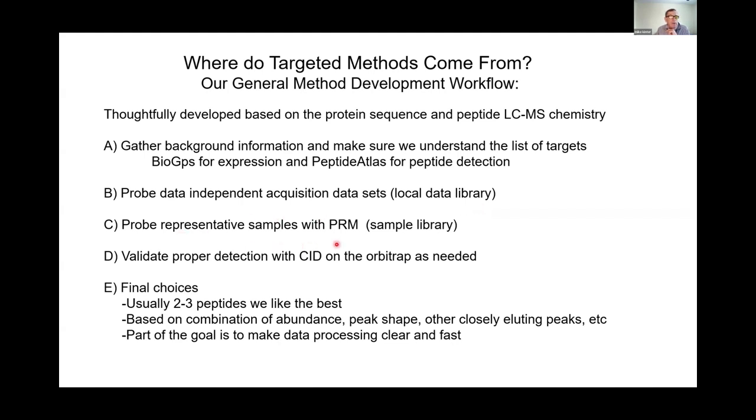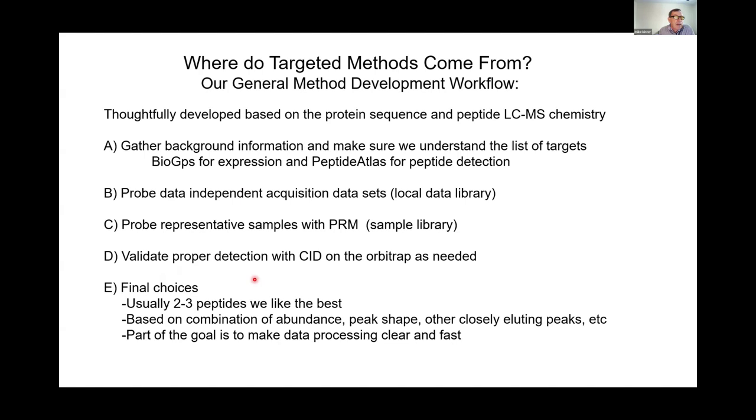We then begin to probe, based on setting these things up, some representative samples with parallel reaction monitoring on our new instrument. And so we also have a sample library. We don't throw many things away until they're just dried up or gotten very old. And then, as needed, we validate the proper detection with high resolution collision-induced dissociation on our Orbitrap instrument.